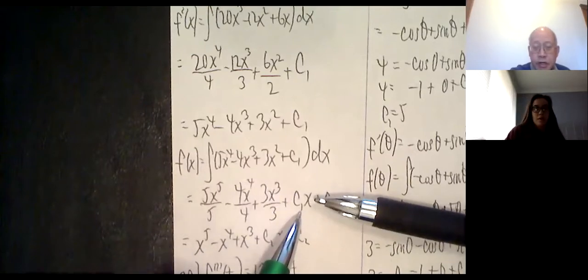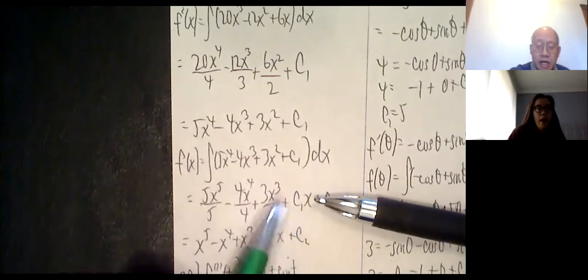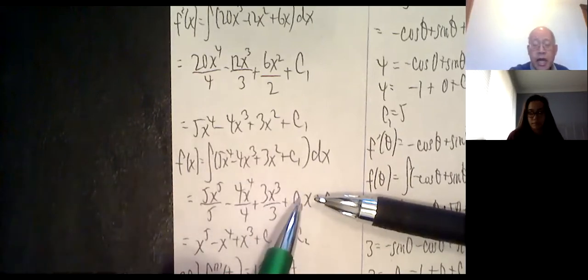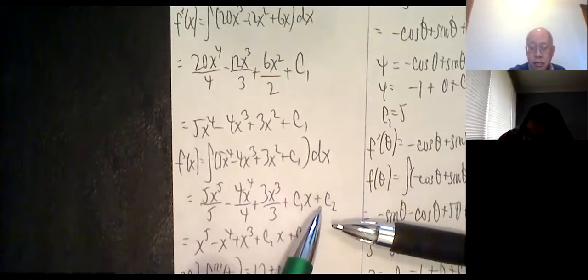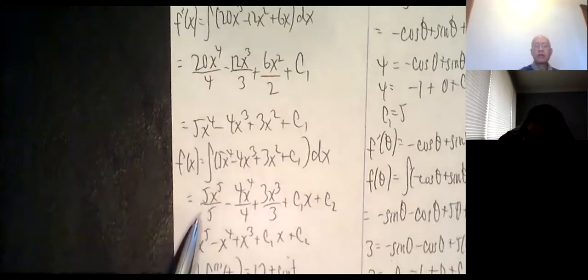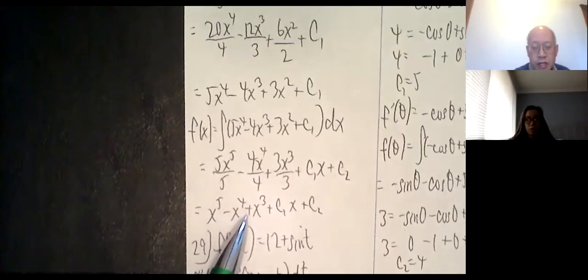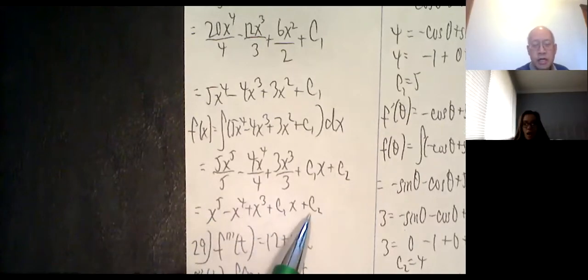C1x. The integral of a constant is the constant times x, or t, or whatever letter you happen to be using, plus a constant, plus C2. And notice very conveniently, cancel, cancel, cancel. So final answer, x to the 5th minus x to the 4th plus x cubed plus C1x plus C2.